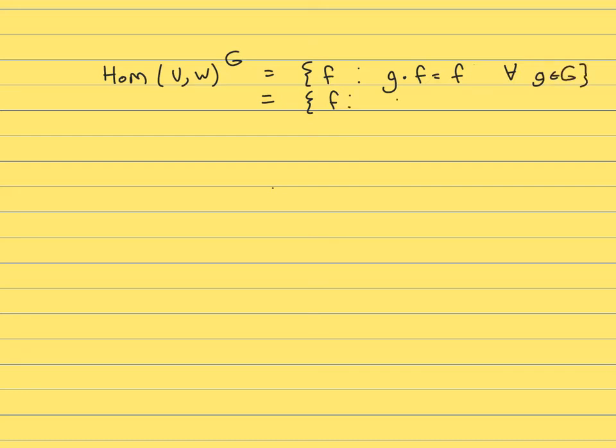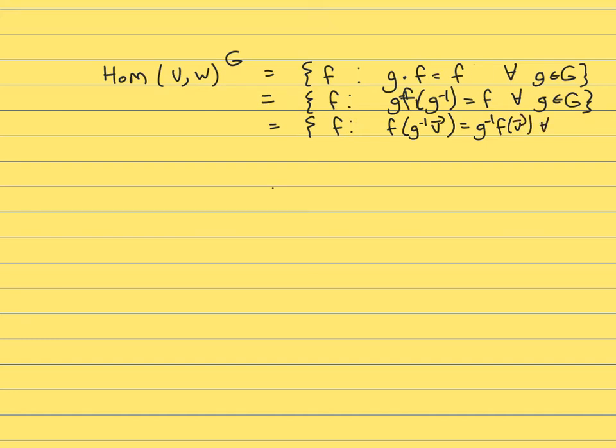Well, that means that g times f composed with g inverse equals f for all g in G. Notice that means that you're saying f of g inverse of v is equal to g inverse of f of v for all g in G and all v in V.